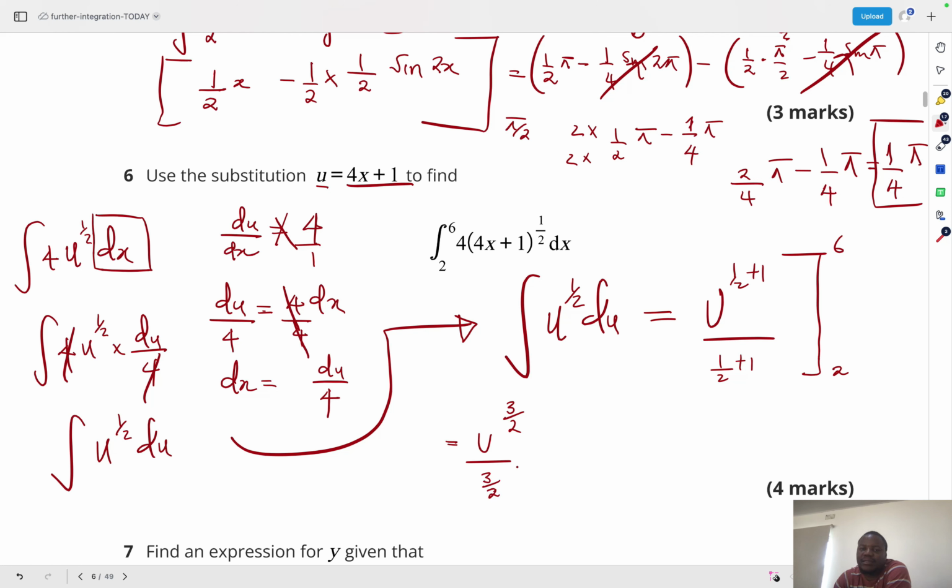Now in mathematics, this should not give us a problem. If you divide 1 over a fraction, you're just reciprocating that fraction. So this is the same as 2 over 3 times u to the power of 3 over 2, over the limits 2 and 6.